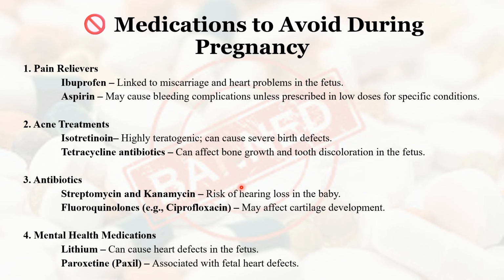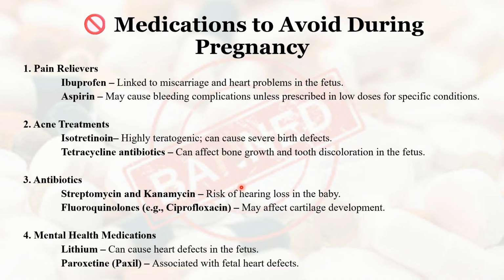What are the commonly available medicines of ibuprofen? Brufen, Combiflam, all these are commonly available. These medicines are good, but they are not good for a pregnant woman. So as a pregnant woman, be very careful when you are taking ibuprofen or aspirin. Aspirin is freely available in the form of Ecosprin, Disprin, and so on.